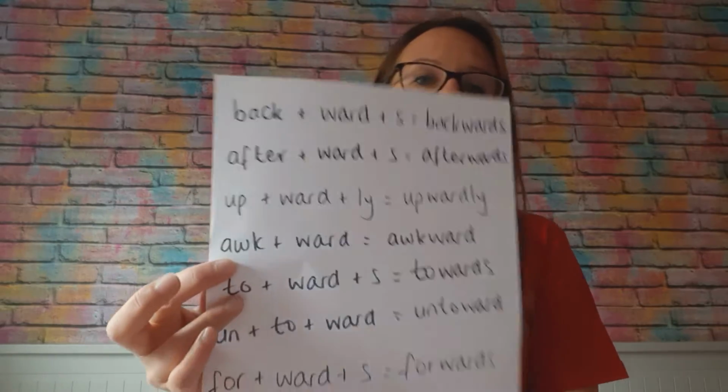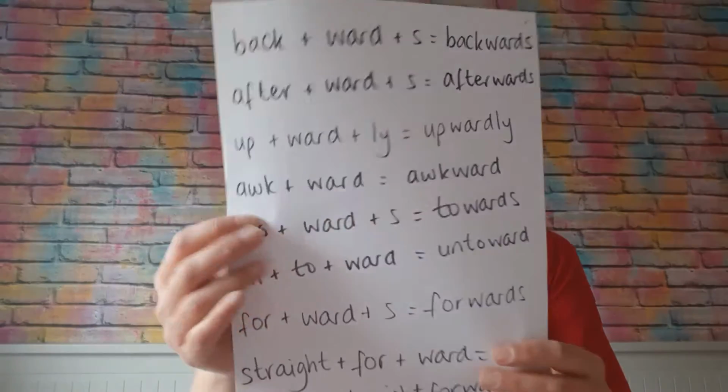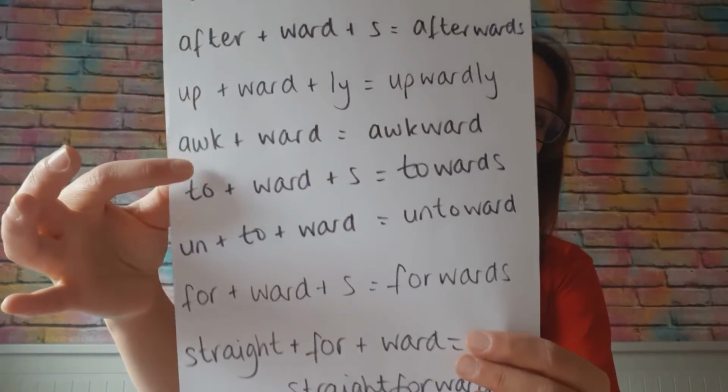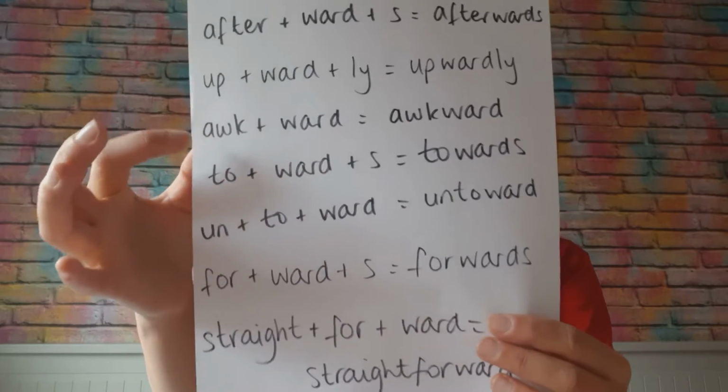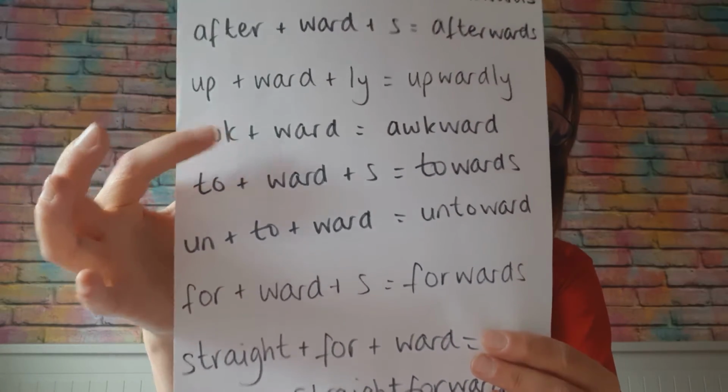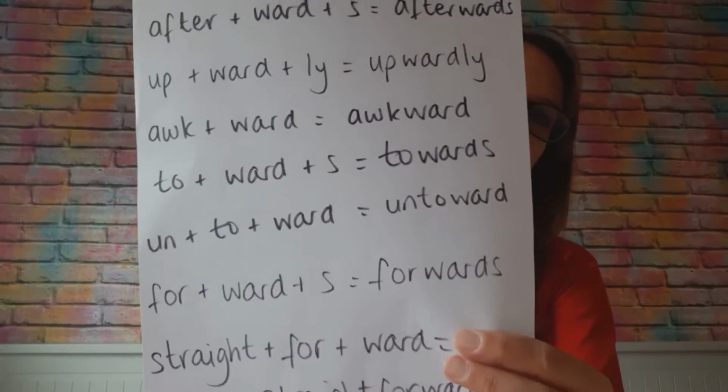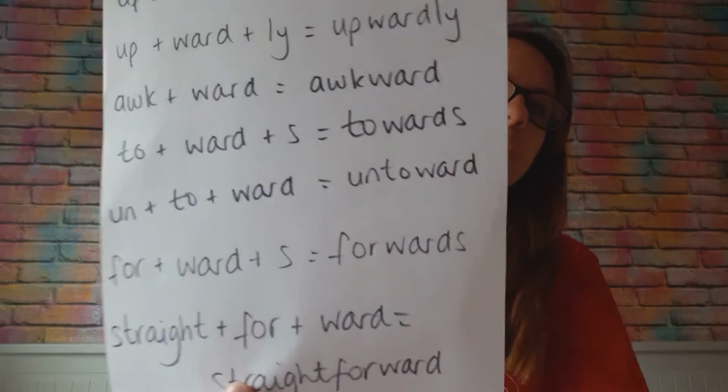So awkward would be going in the wrong direction, which has over time changed that meaning to looking not quite right. So awkward, that's a bit of etymology there for you, where that came from in history. But we have awk with that or, and then it's the K, and then ward. So that's probably the trickiest one you're going to come across in this section.